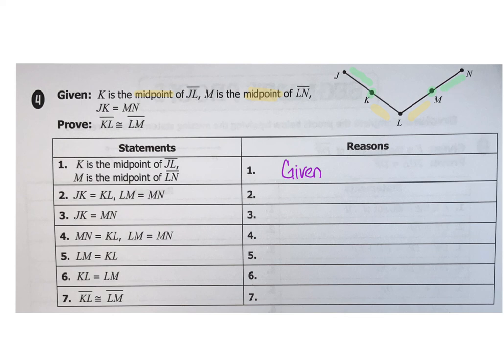Based off of my given, why can I say that those two segments equal each other, and these two segments equal each other? Definition of a midpoint. Anytime you have a midpoint, you probably want to tell me which two segments equal each other because of that midpoint, and you can tell me that by definition of midpoint.